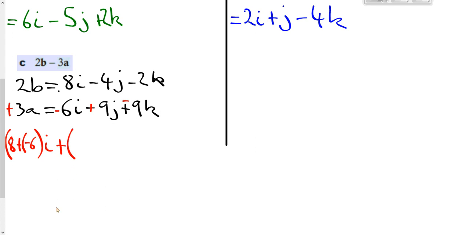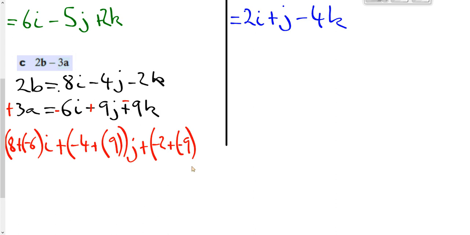Plus negative 4 plus negative, so the negative of negative 9 is going to be positive 9, for J. Plus minus 2 plus the negative, so plus negative 9 here for our K.